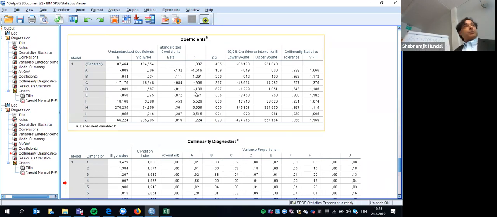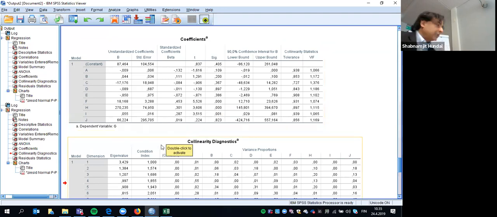And you are able to prove now that your beta, was it this one? F, H, and I. So F, H, and I means your beta 6, beta 7, and beta 8 are non-zero.